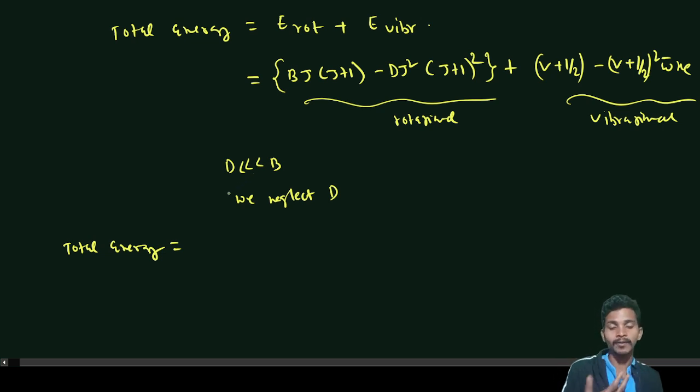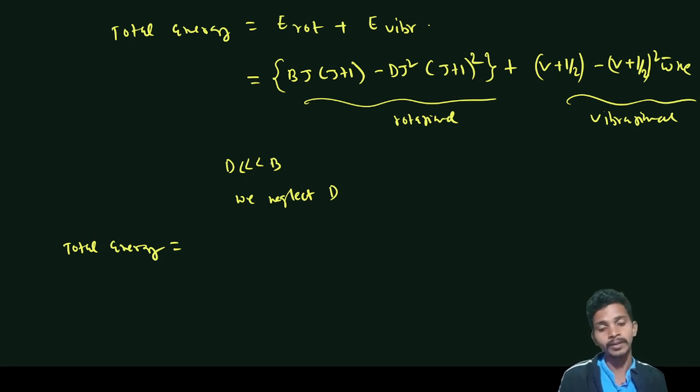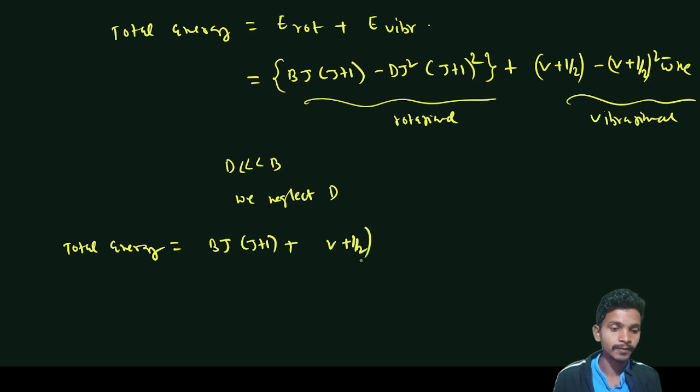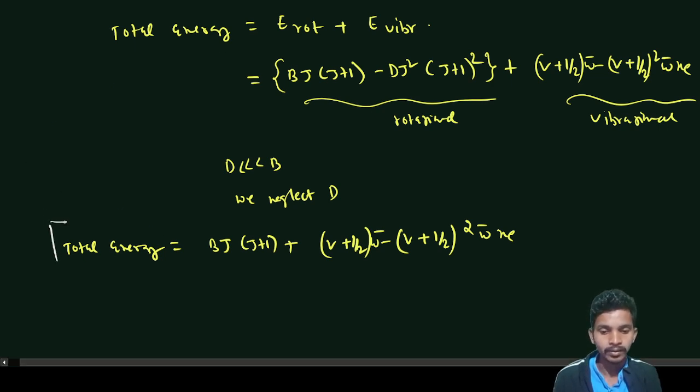If it is comparable then we can consider it, but most of the time it is very small, so we neglect it. So we write simply B J (J plus 1) plus (v plus half) omega minus (v plus half) squared omega xe. This is actually the total energy of the vibrating rotor.